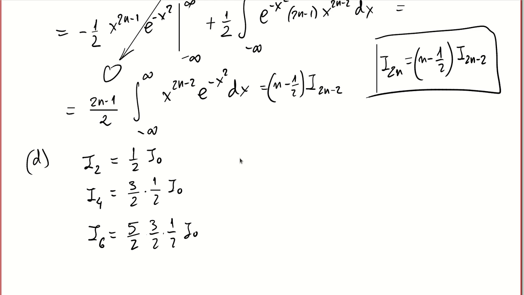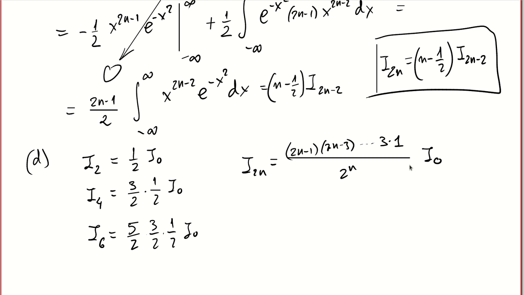So if you have I_2n, see what you have here: 1, 3, 5, all the odd numbers. The next one is going to be 7/2, etc. So you have all the odd numbers starting from 1, which is (2n-1), (2n-3), etc., times 3 times 1, divided by a factor of 2 for each one of these, and that is 2^n, times I_0.